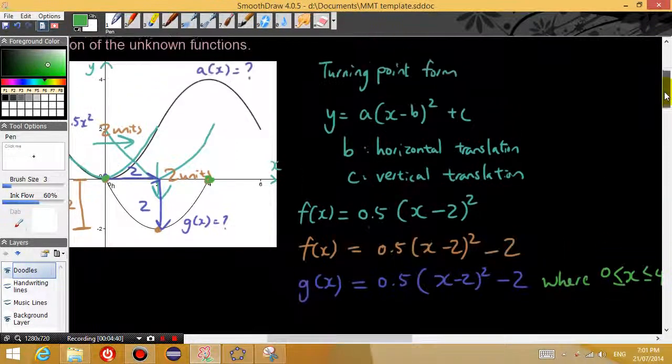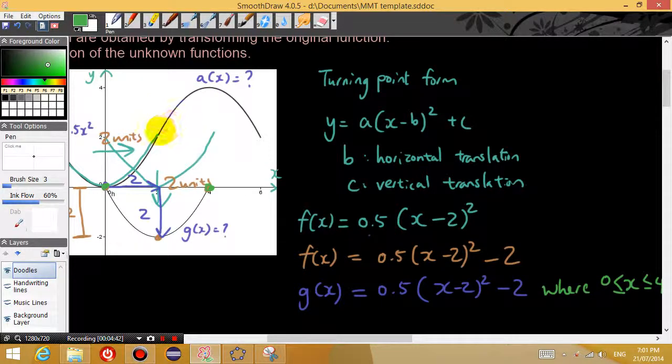Okay, let's now have a look at what happens with a of x, which is this other equation. Okay, so from the original position, what we do is we move it 4 units to the right. So I'm just going to get another color. So from the original position (0, 0), I move it 4 units to the right. This is x equals 4.